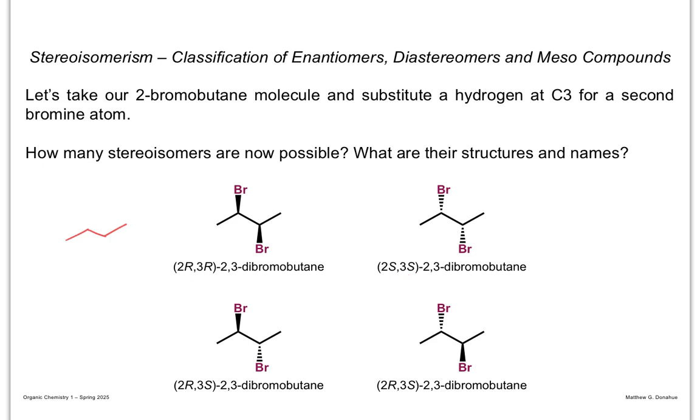That alone, without even looking at the structure, because they're opposite, tells you they're enantiomers. But this here, 2R, 3S and 2R, 3S, it's the same, which is telling you those are the same compound.